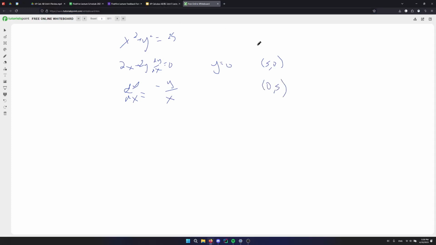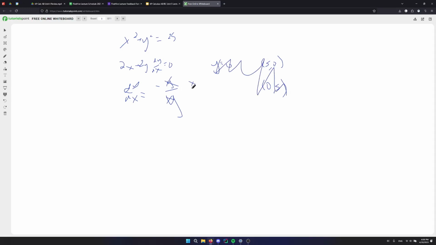It's kind of my fault with the phrasing. Is it negative x over y? Oh, actually, you guys are right. Yeah, it should be negative x over y. That's my bad. Is that why this part is wrong as well?